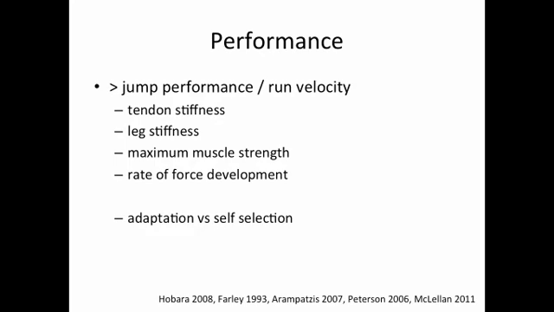And this is a neuromuscular thing. It's not a stiffness in the sense that our muscles are tight. Neuromuscular stiffness is in terms of less joint movement during a particular movement function. Muscle strength is obviously going to be a predictor of performance, as well as rate of force development and a lot of other factors. But again, if we're looking at improving performance, these are the things we tend to look at.